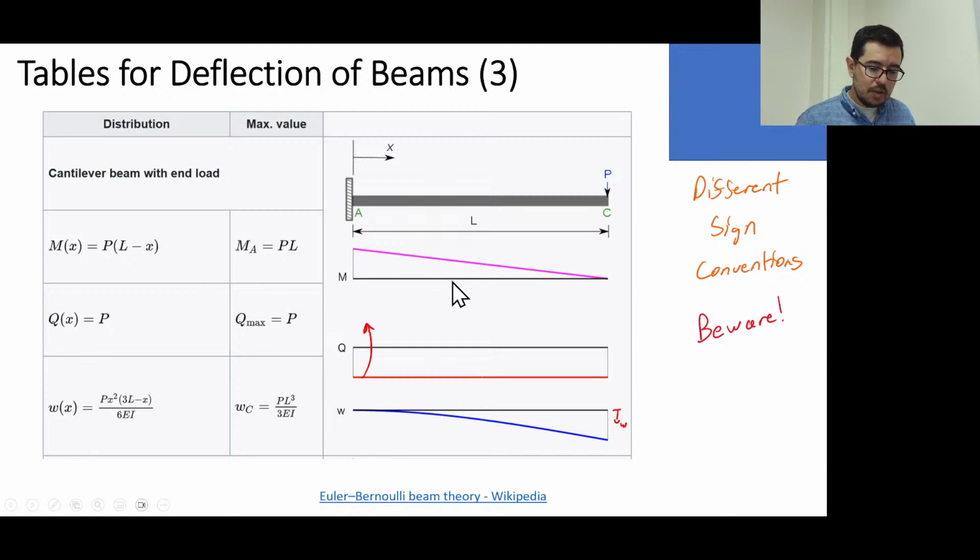And this one has a negative curvature, right? We know that, and so M from our convention would be on the other side, and so this equation does match what's over here, but it does not match what our convention is. Okay? So just be very careful with these signs. Okay.